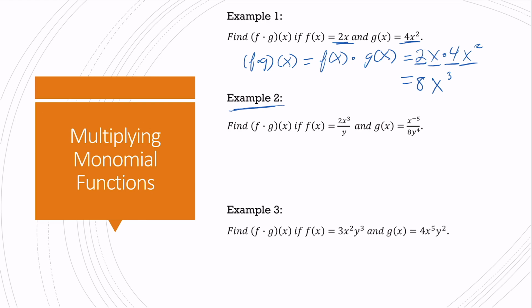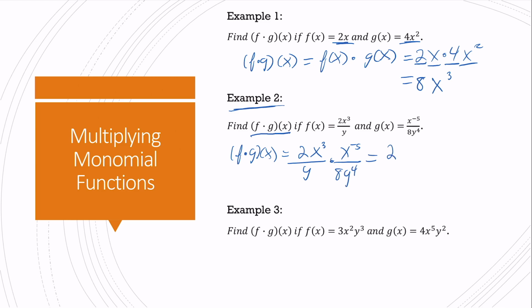Example 2 is going to use quite a bit more of our exponent rules. If I've got f times g of x, and f of x is 2x cubed over y, and g of x is x to the negative fifth over 8y to the fourth, I could have f times g of x is 2x cubed over y times x to the negative fifth over 8y to the fourth.